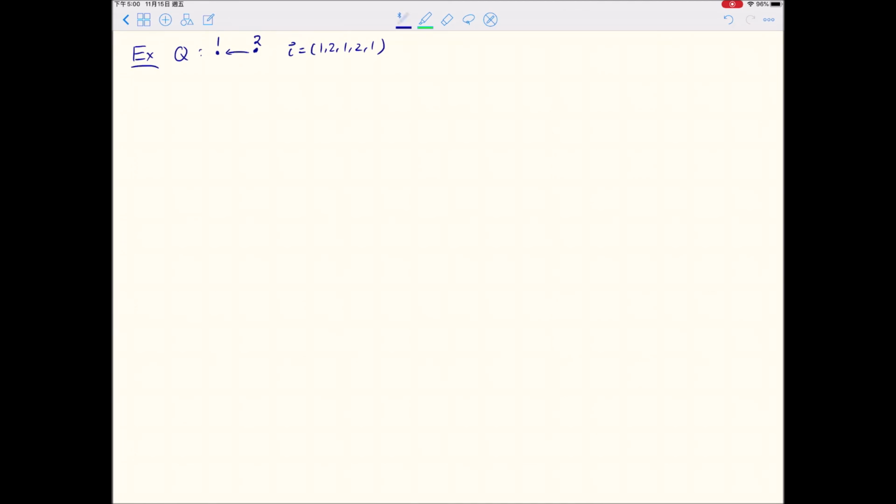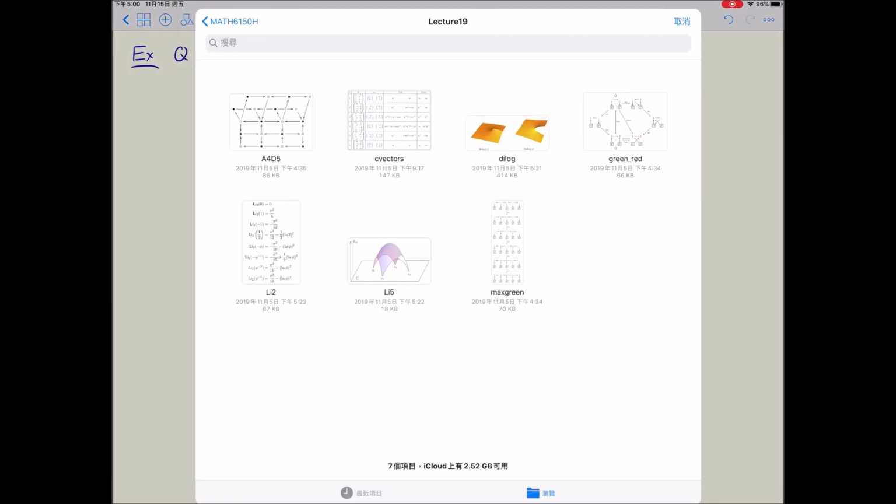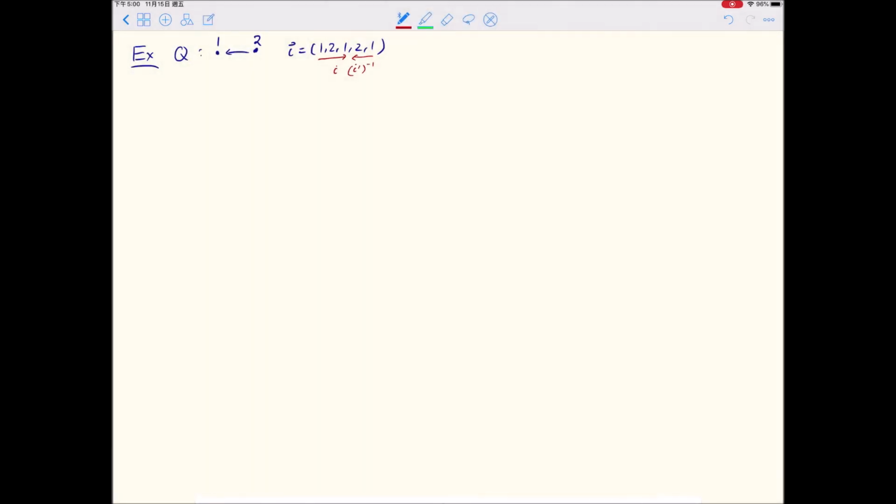If you remember, 1, 2, 1 is a maximal green sequence, 1, 2 is a maximal green sequence, so this is really I and I prime inverse as mentioned. So this is one example where you construct a new period from two maximal green sequences. So in any way, let's look at how we get the tropical expression.